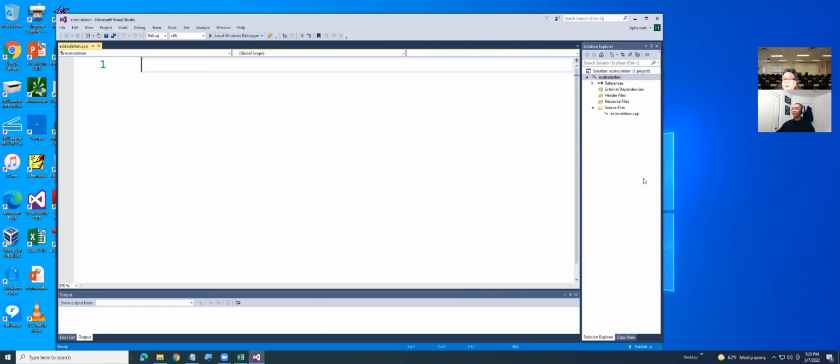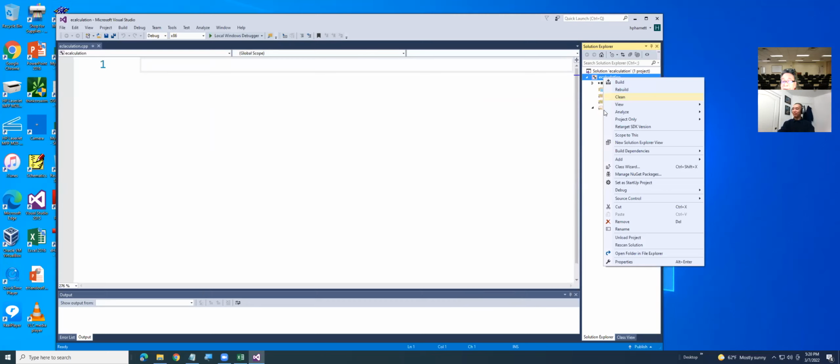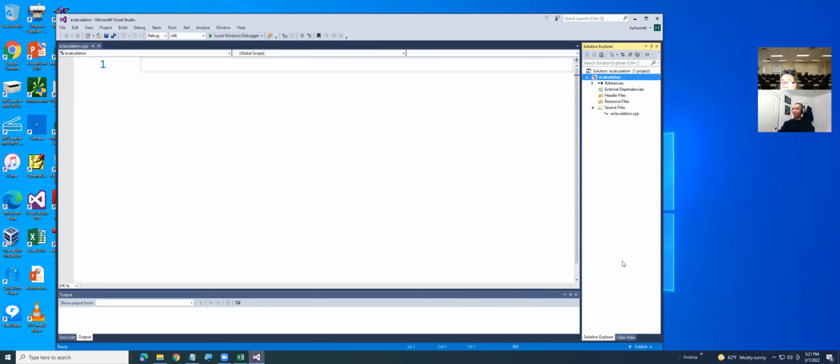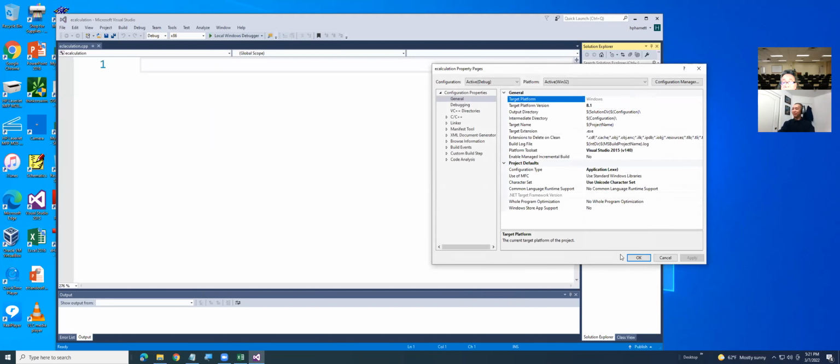Okay, now also you have to right click on your e-calculation project here, properties. Okay, let's see. Common language support. Okay, click on the arrow here.